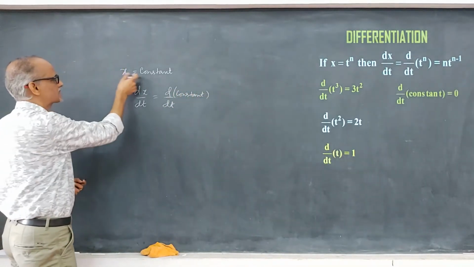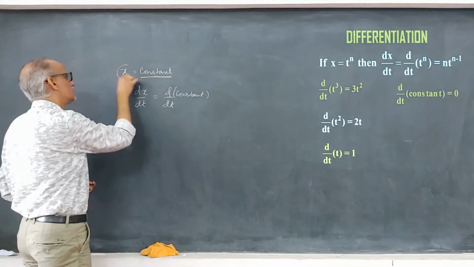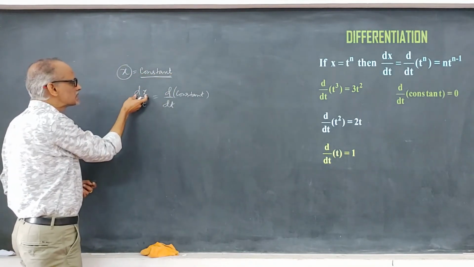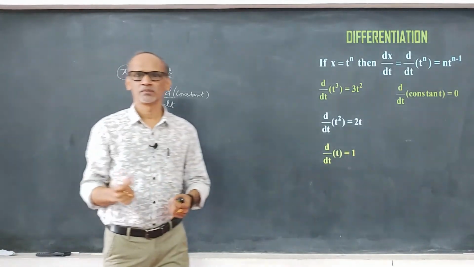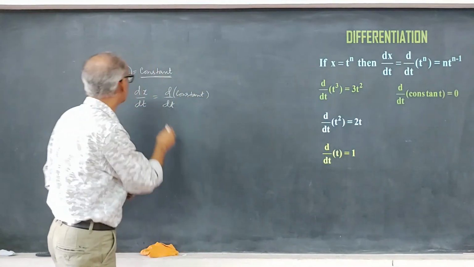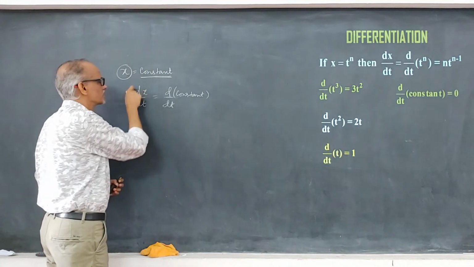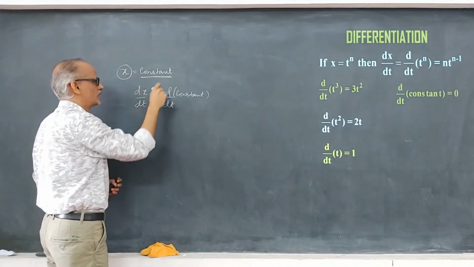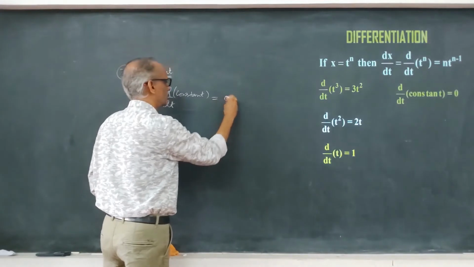See, when x is a constant, dx is 0, right? There is no change. What do you mean by constant? It is a fixed value, it doesn't change, it doesn't vary. So therefore, there is no change, it is 0. That's why differentiation of a constant is always equal to 0.